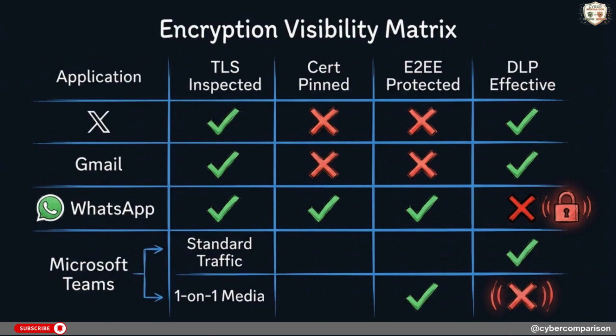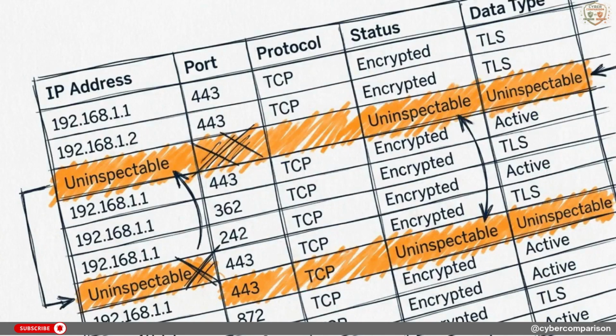Plotting WhatsApp, X, and Gmail reveals exactly where data loss prevention works and where it fails. Complex apps like Microsoft Teams split traffic. Standard chat is inspectable, but one-to-one media uses end-to-end encryption, bypassing proxy DLP entirely. Mapping out this matrix is a mandatory step. It exposes the exact network blind spots before a single policy goes live.